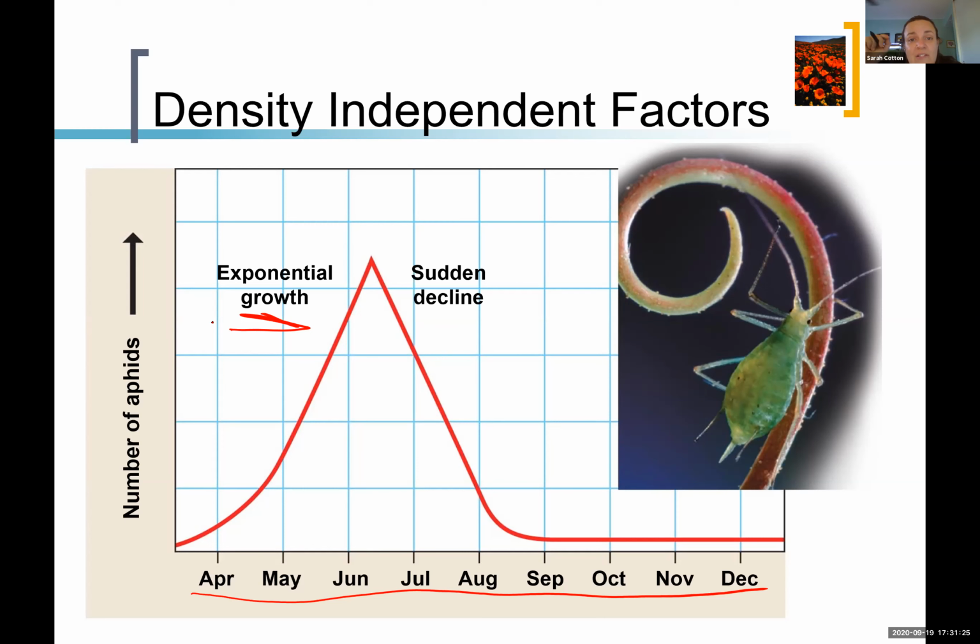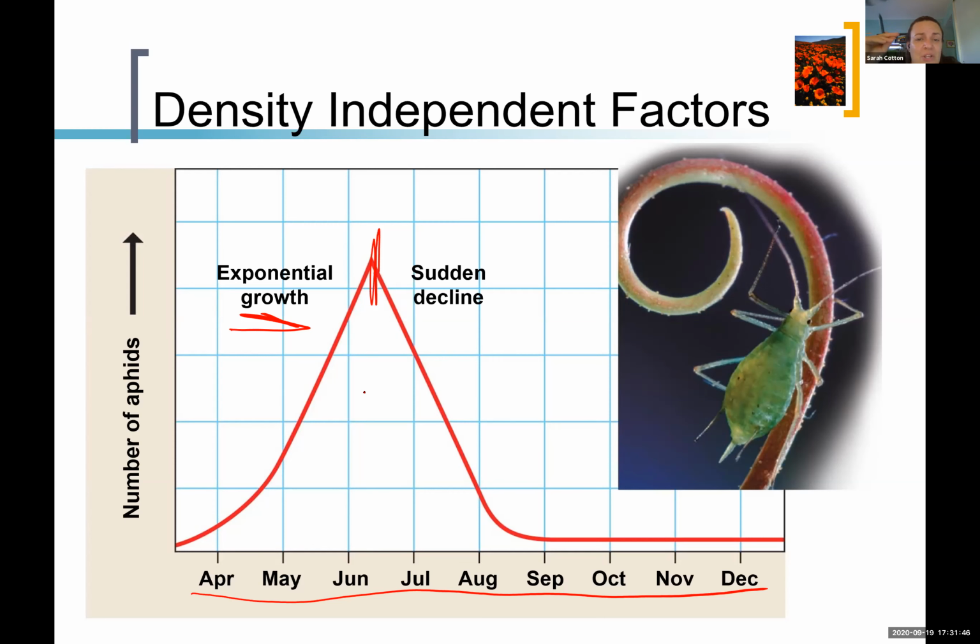Aphids never get to the point where they reach a carrying capacity though, because around midsummer or so, it gets too hot and they start to die off just because the weather is different, right? Just because it's super hot, they die, right? Also, it means that the plants are starting to struggle a little bit when it's super hot.